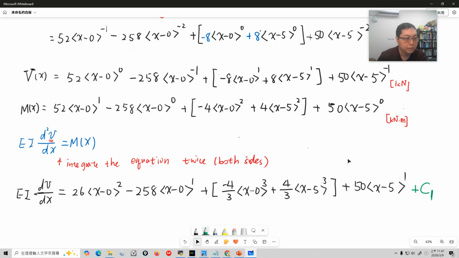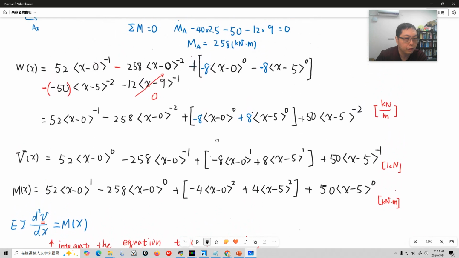But then you may think of one problem. In the last video, when we integrated the loading function to get the shear force function, and integrated the shear force function to get the moment function, we didn't add any undetermined constant. Why? That is because you already solved the undetermined constants.